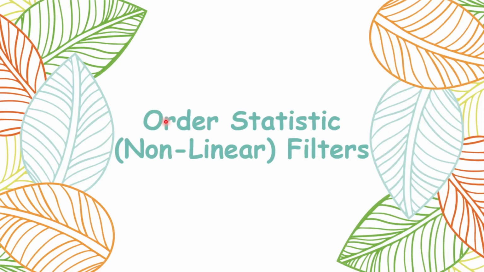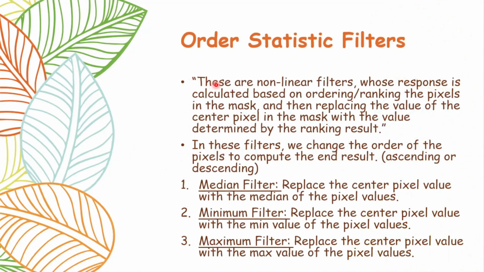Now that all the prerequisites are done, let's get into the main topic of this video, order statistic filters or nonlinear filters. Simply, these are nonlinear filters whose response is calculated based on ordering or ranking the pixels in the mask and then replacing the value of the center pixel in the mask with the value determined by the ranking result. In these filters, we change the order of the pixels to compute the end result.